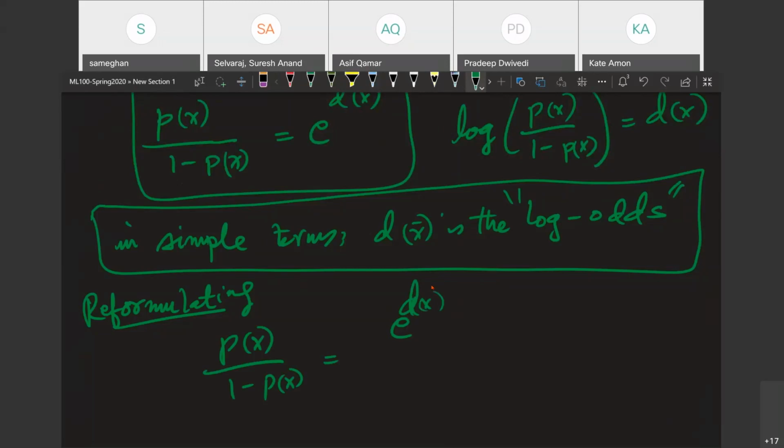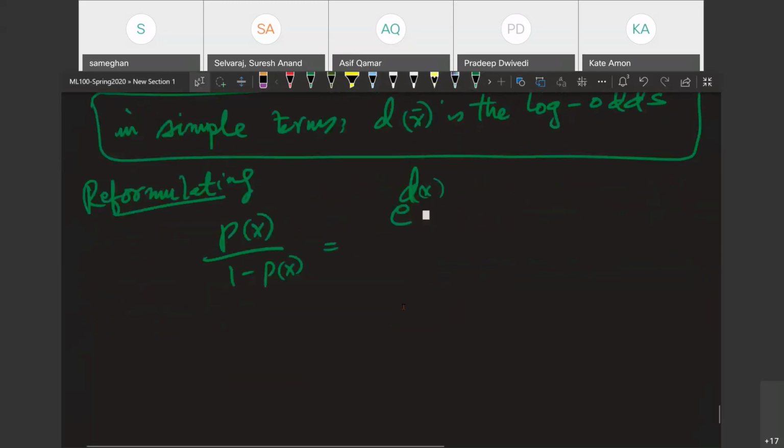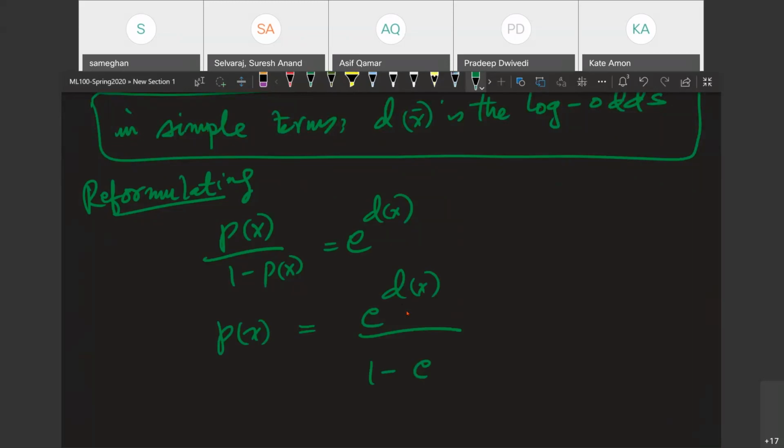Suppose you add the numerator to the denominator, which is perfectly legitimate so long as you do it to both sides. You will realize that P(x) is equal to e to the d(x) over 1 plus e to the d(x).